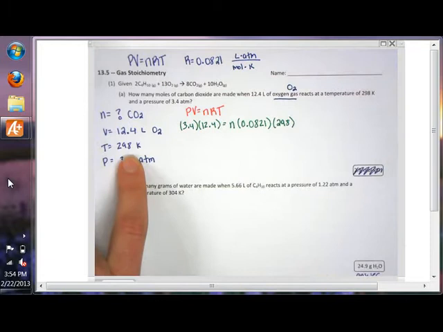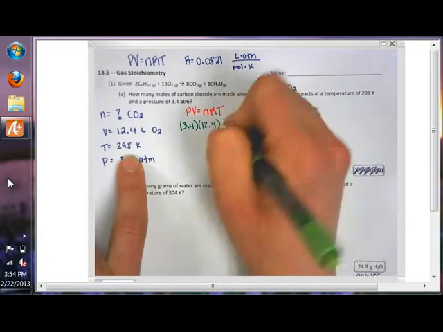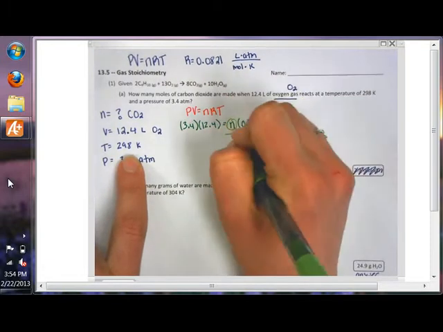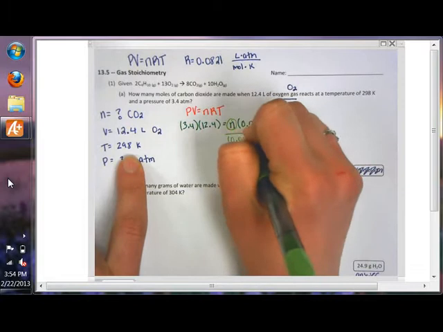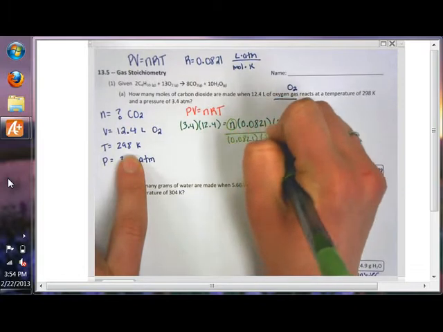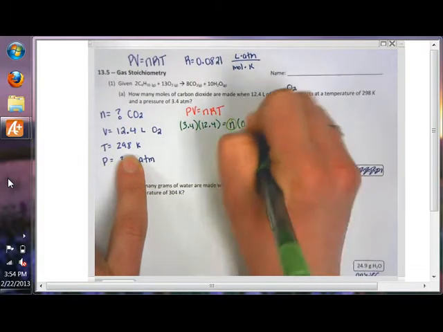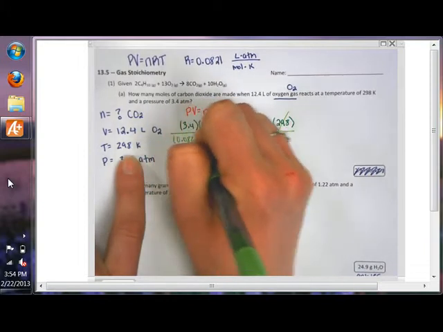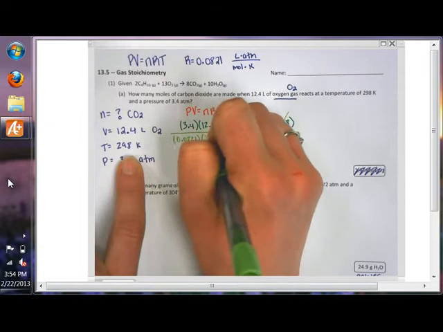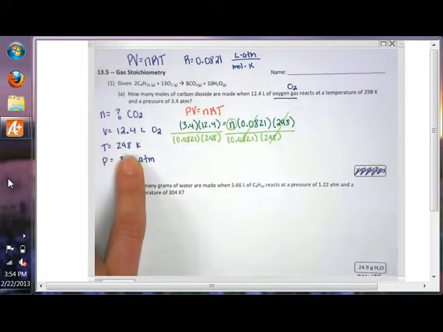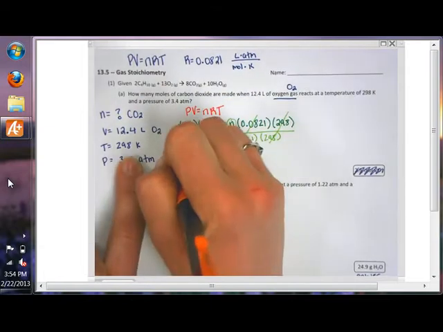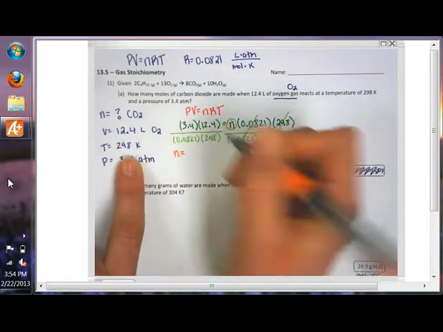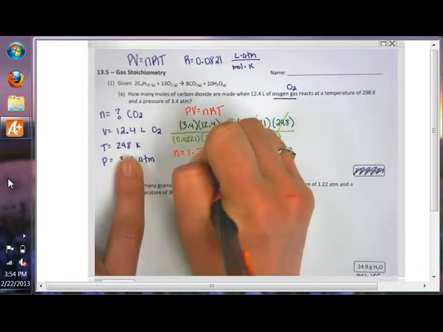So I divide each side by 0.0821 and 298. Now, when I type that into my calculator, I get n equals 1.723 moles. Now, here's what's a little bit different.